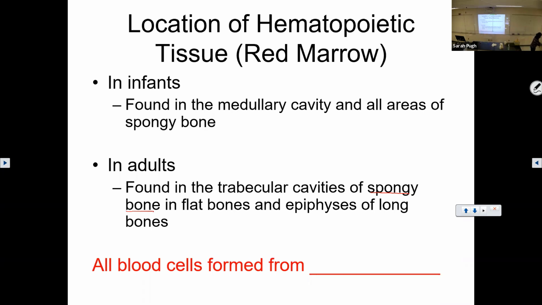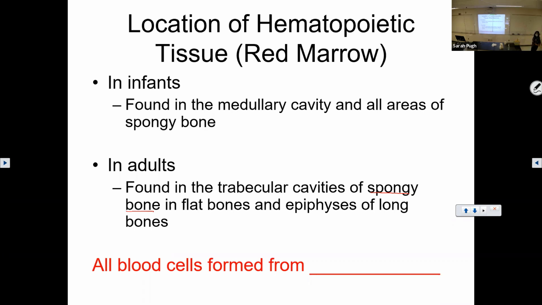So in an adult, where we usually will find our red bone marrow is going to be the epiphyses of the humerus. Up here, we call this the proximal epiphyses. We'll find it in the proximal epiphyses of the femur. We'll also find it in the flat bone here of the pelvis. This is actually, if somebody has to have their bone marrow tested or withdrawn, the place they're going to do it, because your hip bone is really close to the surface and easier to get to than the epiphyses of your femur or your humerus.